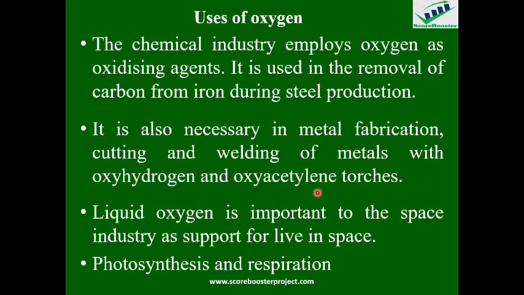In the chemical industry, they employ oxygen as an oxidizing agent. How do they do that? In the extraction of metals, and in the extraction of other things. For example, in steel production, we want to extract steel.